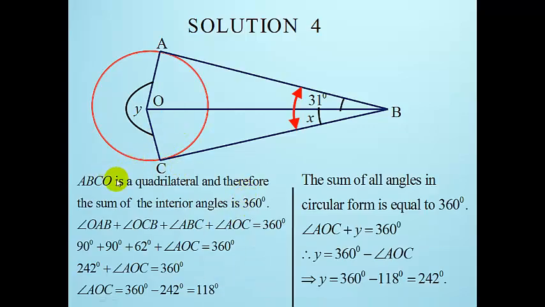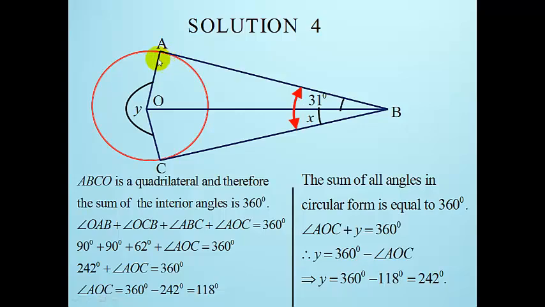Now ABCO is a quadrilateral, and the sum of the interior angles is 360 degrees. So angle OAB, that is 90 degrees, plus angle OCB, plus angle ABC, plus angle AOC, the angle at O, is equal to 360.